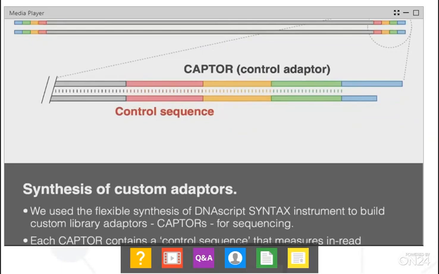And what we wanted to do was add a new functional element to library adapters that we term the control sequence. So this new functional element acts similar to a reference standard or a reference control in that it provides a measure of diagnostic performance. We call these adapters that contain these control sequences CAPTORs, and this is short for control library adapters.